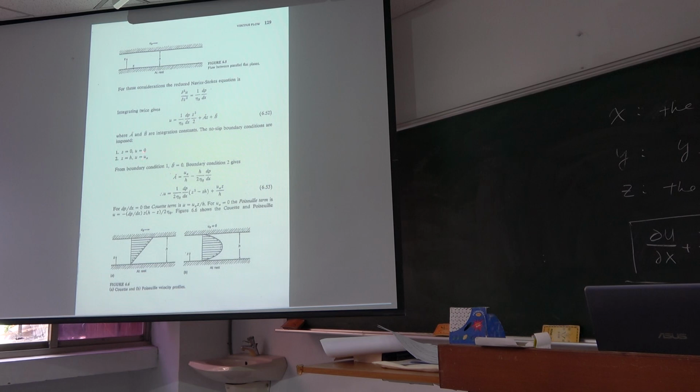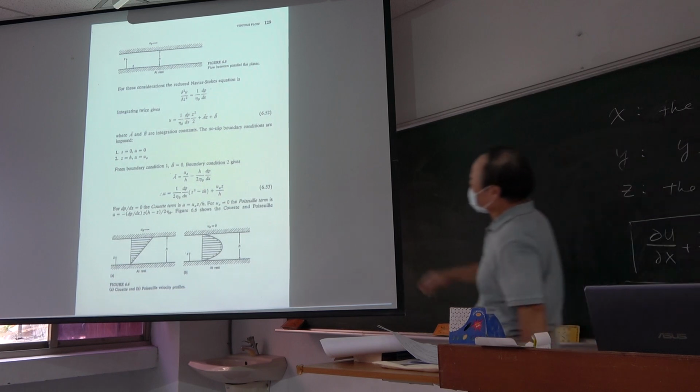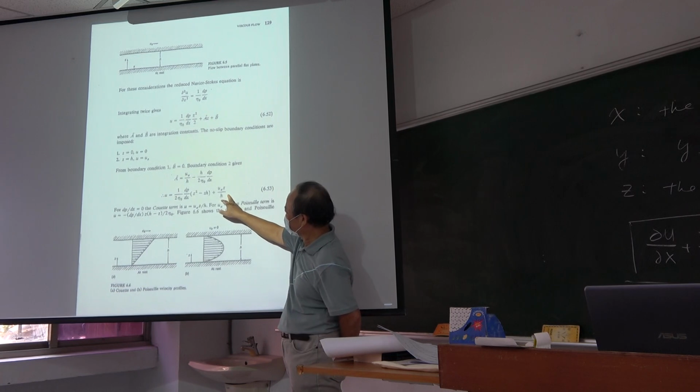With these two boundary conditions and this general solution, we obtain the coefficients, and then the solution is this one. This is the velocity solution.